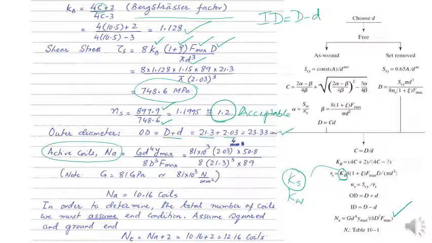This is the equation that you can see, the same equation. G is known, d is known, maximum deflection is known, maximum force, mean coil diameter. When I substitute all of these, it comes as 10.16 coils. And we assume squared and ground ends, and we got 12.6 as the total coils.